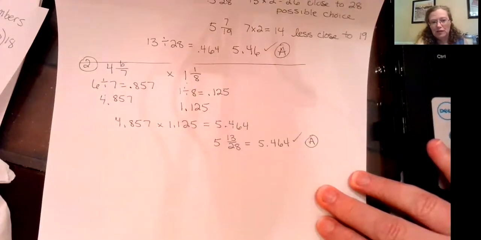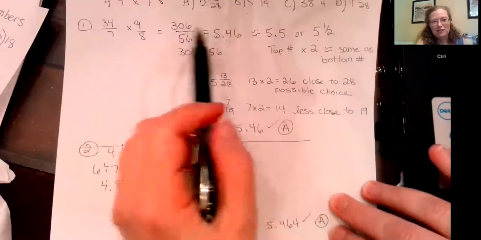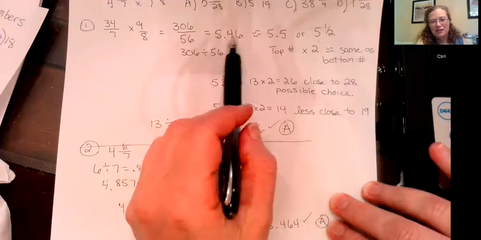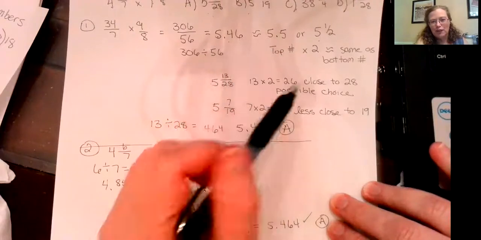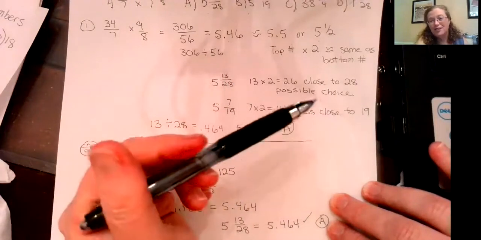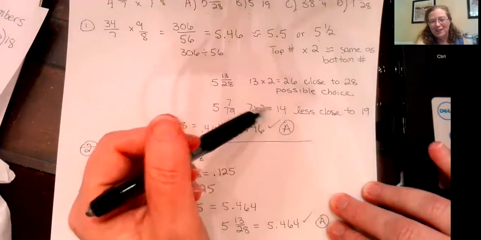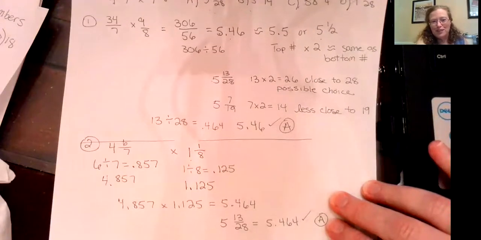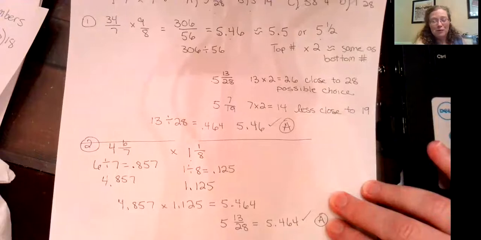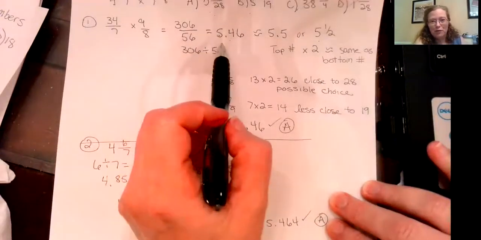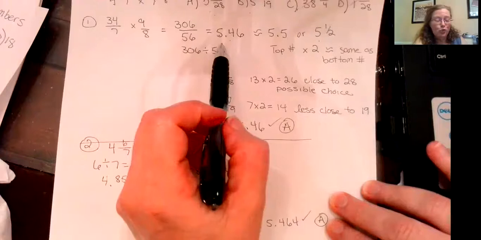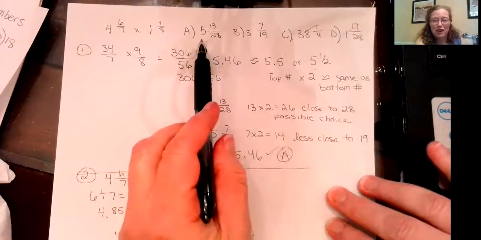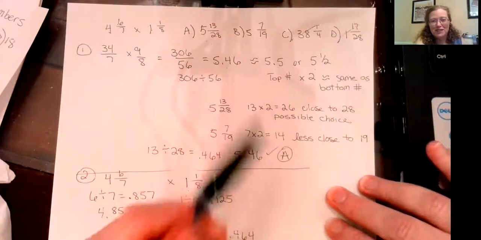I find it to be quicker than trying to work with improper fractions and trying to get a number and a fraction to go with it. Again, I still would end up trying to analyze answers if there's more than one choice. The nice thing is most of the time, if you come up with something like 5.46, often there's only one answer choice that's 5 with a fraction. So it makes it a lot quicker.